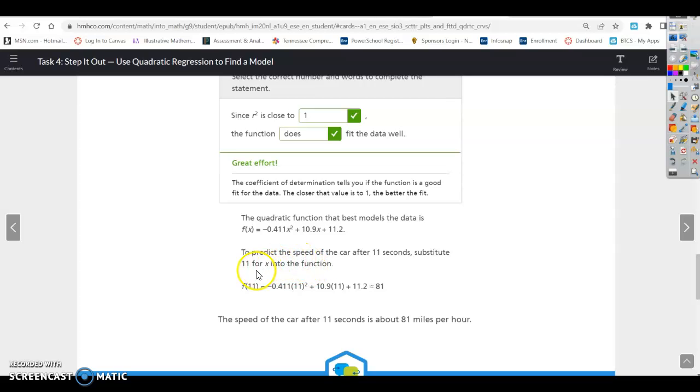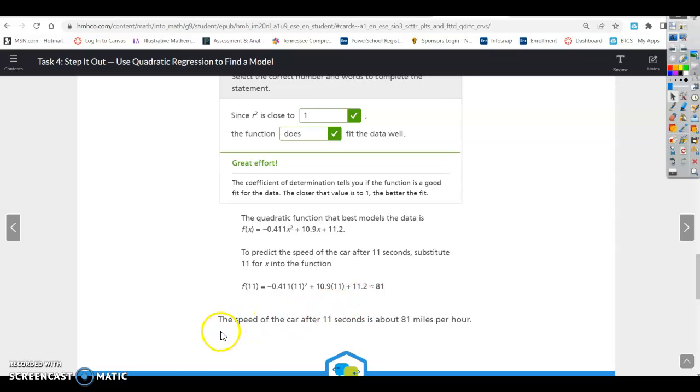All right, so 11 seconds, t is our time. That would go in for x. So substitute x. Make sure you use order of operations, or you type everything in your calculator exactly that way, and it'll show that your answer is approximately 81.